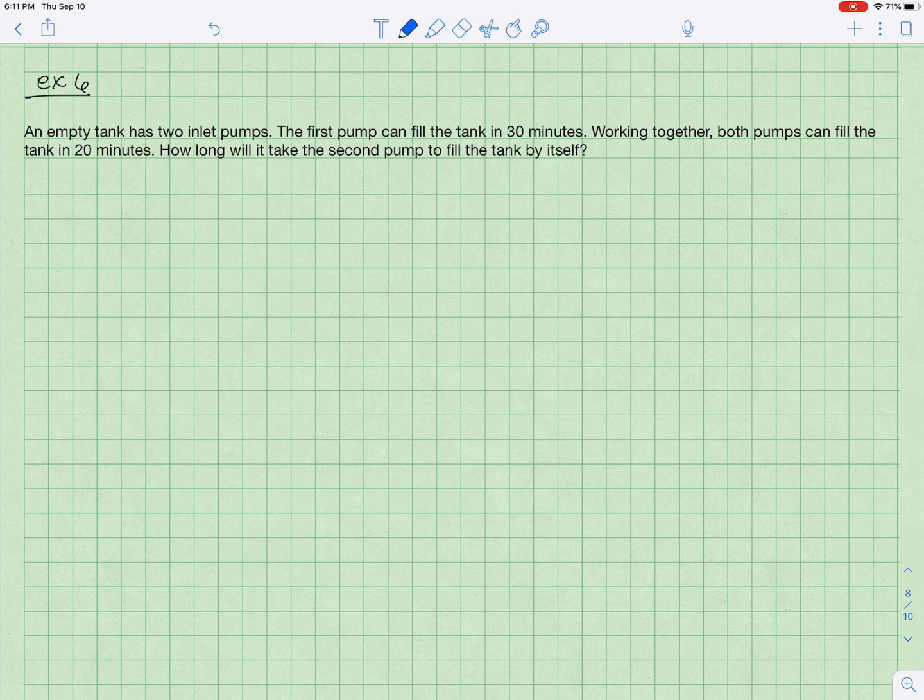Let's see. An empty tank has 2 inlet pipes. So let's see. Here's our empty tank. Let's duplicate that. Come on, duplicate. No. Just move it. Yeah, there we go.